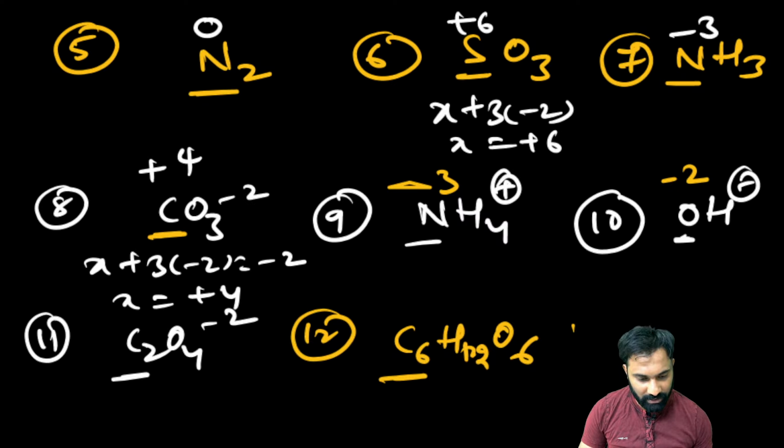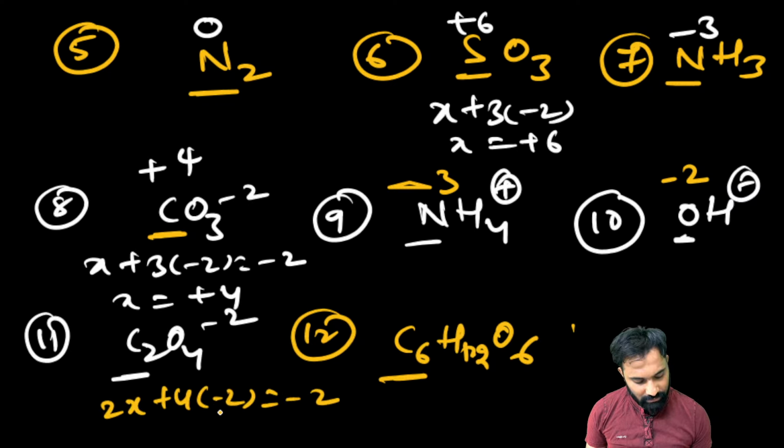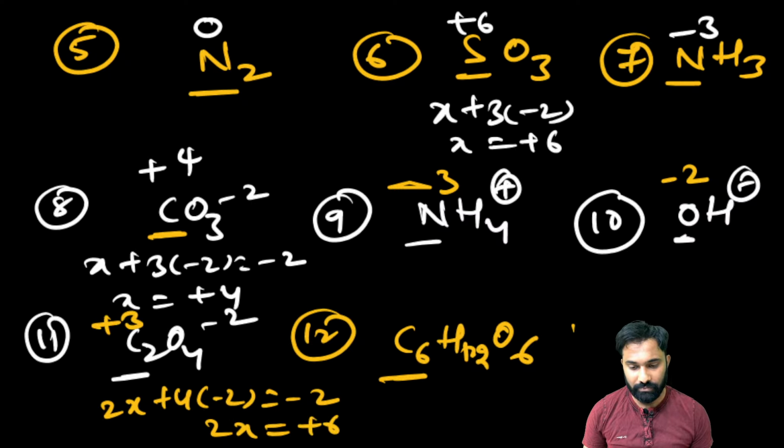Carbon, maximum it can show only plus 4. How come plus 6? This is 2x plus 4 times minus 2 is equal to minus 2. Here the carbon minus 8, if you send it to the left hand side, 2x is equal to plus 6. x is equal to plus 3. This oxalate ion, oxidation number of the carbon is plus 3, not plus 4, not plus 6.